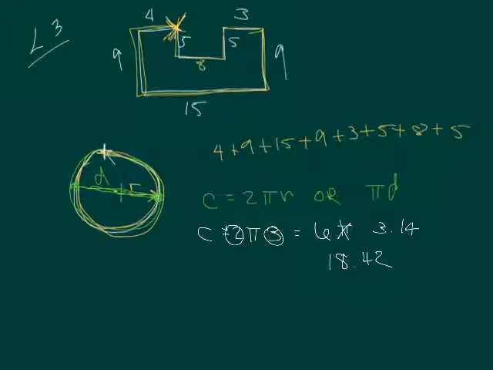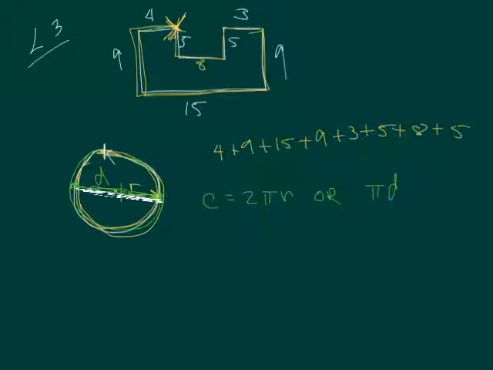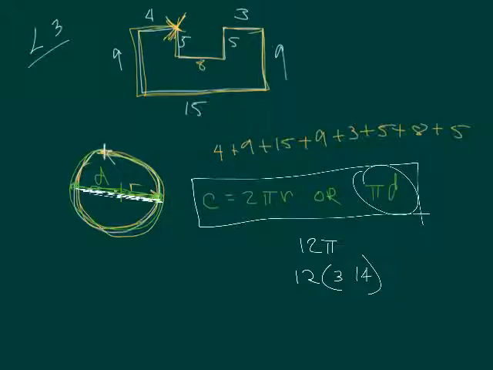If I gave you, instead of the radius, the diameter, and I said that this whole length here was 12, I would use 12 times pi, or 12 times 3.14. And I would multiply those and get my answer. So that's the two formulas for circumference, 2 pi r, or pi times the diameter.